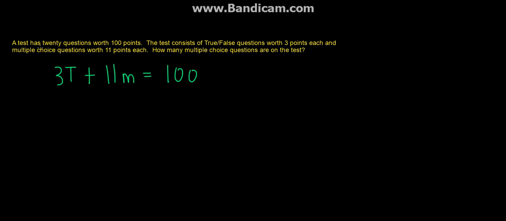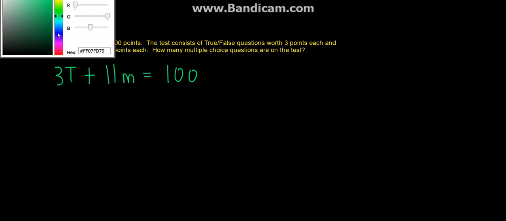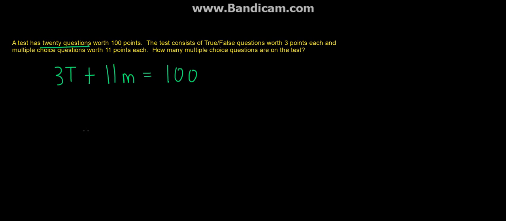And we said that there are 20 questions. And we know that the number of true or false questions is t, and the number of multiple choice questions is m. So that would mean that m plus t is going to be 20.